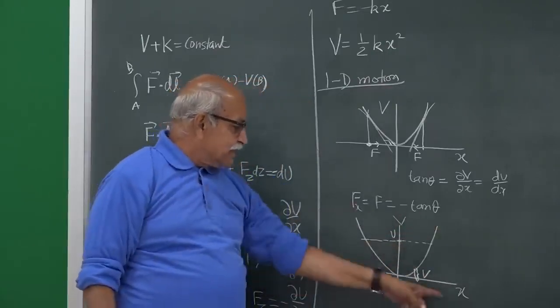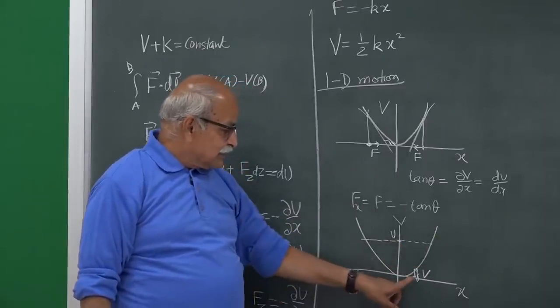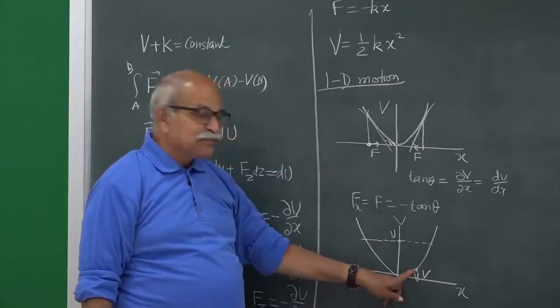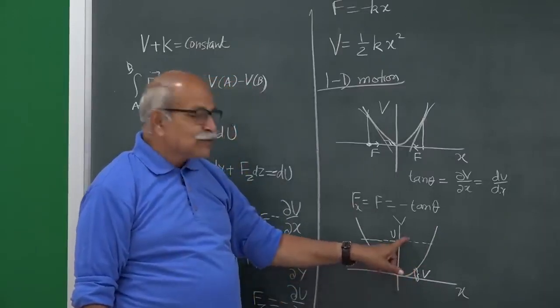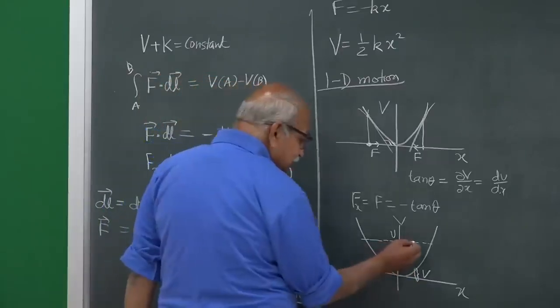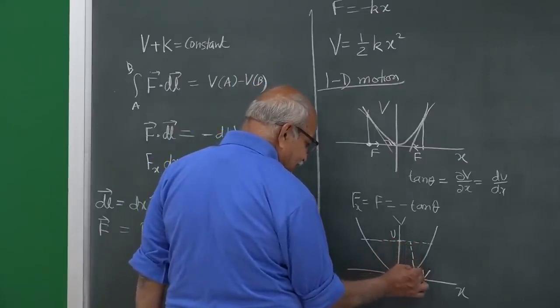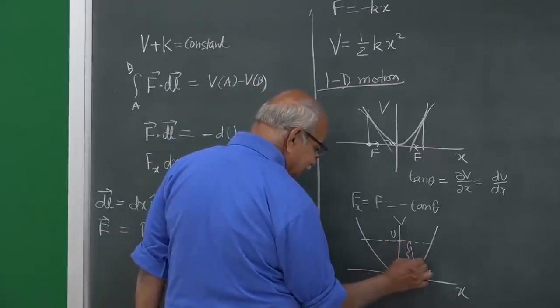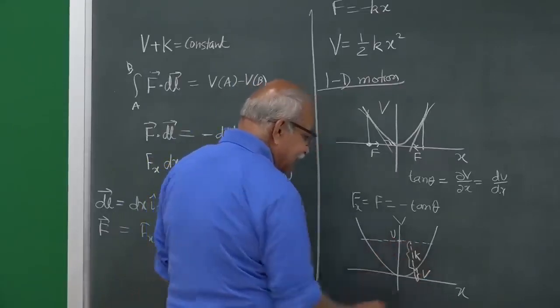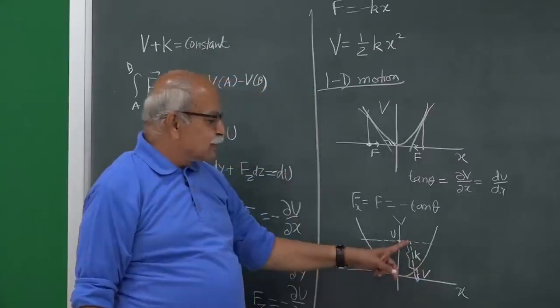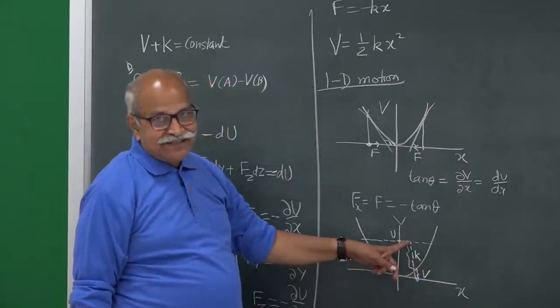As a function of x I am plotting potential energy. So, at this value of x, this is the potential energy and this is the total energy. So, this much is kinetic energy, and kinetic energy plus potential energy is the total mechanical energy.